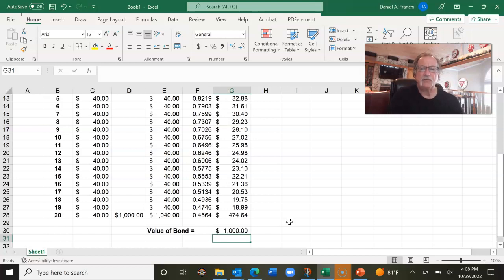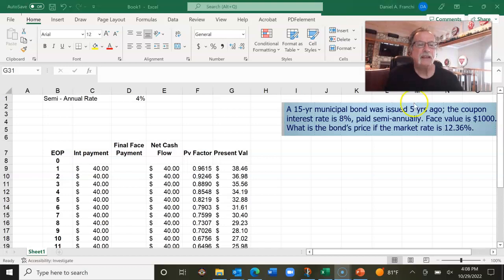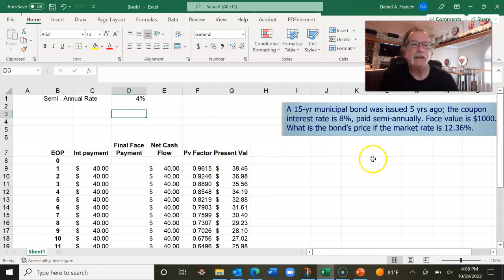But let's say that interest rates go up. Now, the problem says 12.36%. You can see 12.36% is 6% every 6 months, compounded semi-annually, so it's 1.06 times 1.06.